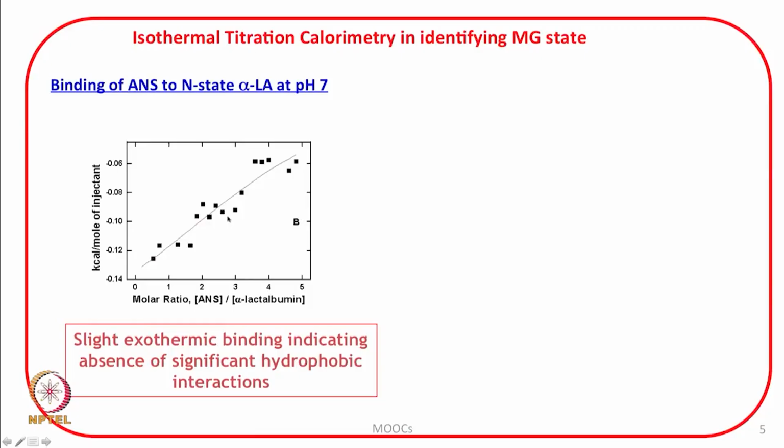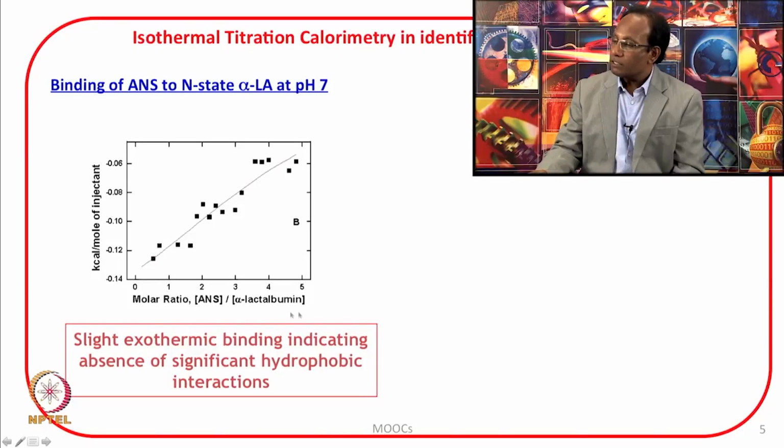This is the binding profile, kilocalorie per mole of injectant versus the molar ratio of ANS to alpha lactalbumin. It suggests that the binding of ANS to the native state does take place, but it is very weak. It is slightly exothermic, and it indicates absence of significant hydrophobic interactions.